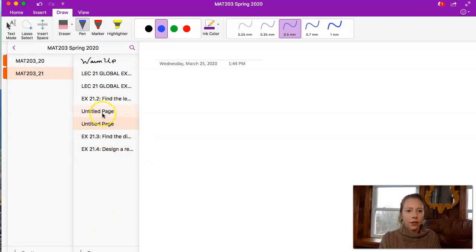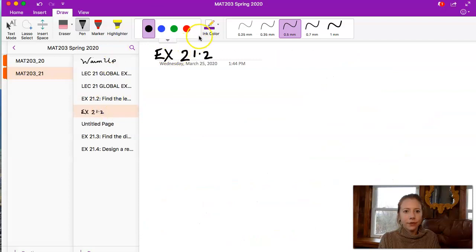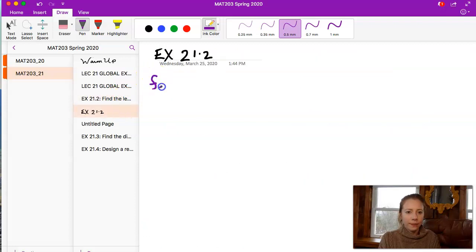Okay, so let's start a new sheet here. And this is still example exercise 21.2. So, working on this, fm is going to clean up and simplify. Well, let's expand out first.